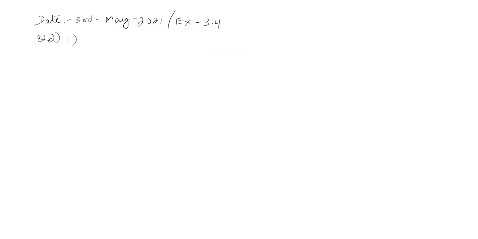So we'll say, let the fraction be x upon y, right? Whenever there is a fraction question, you take x upon y. That will be the easy way to do it. So first, if we add 1 to the numerator and subtract 1 from the denominator, it will become 1.